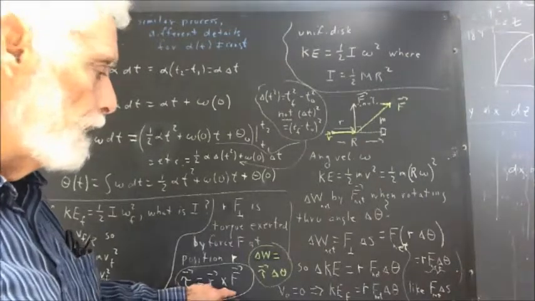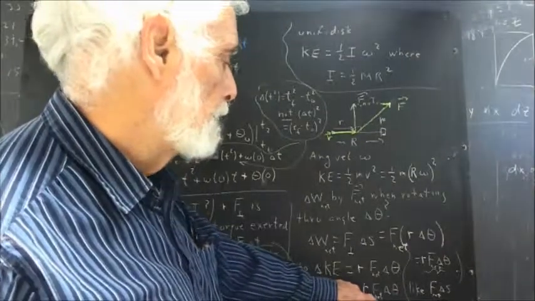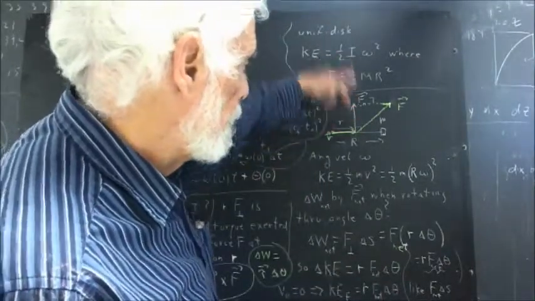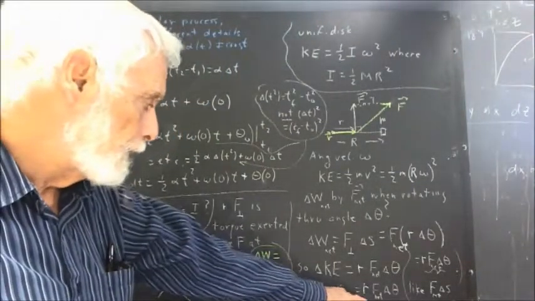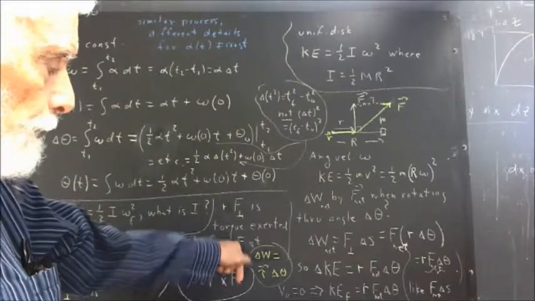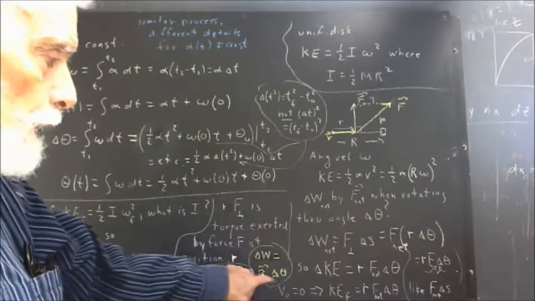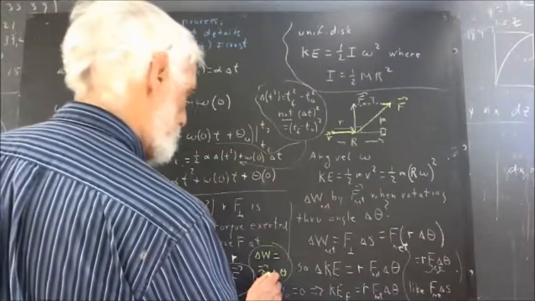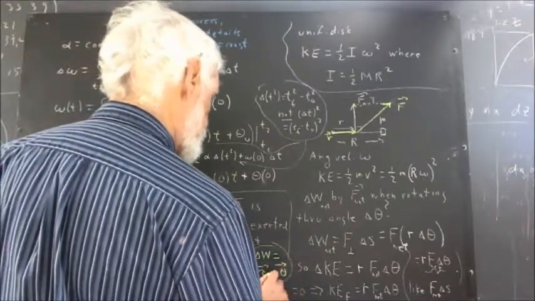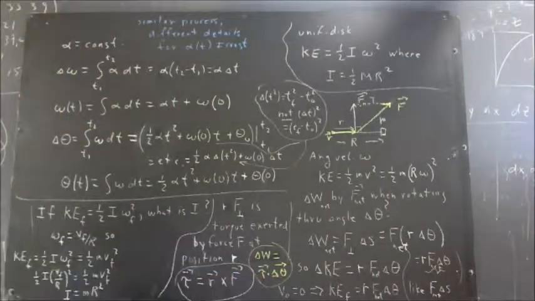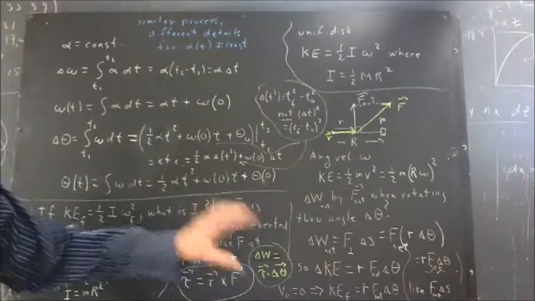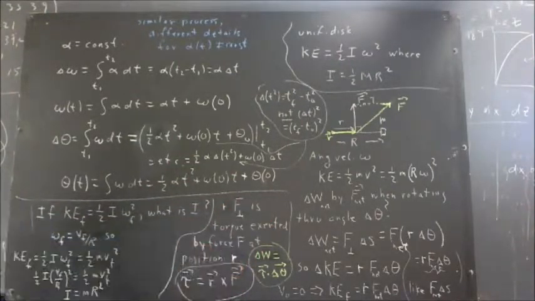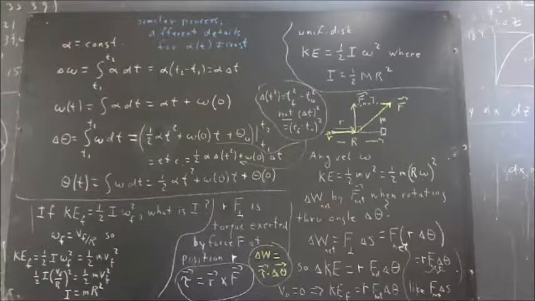Because R cross F equals just R times F, if R and F are perpendicular, then in this case at least, the work done is the torque times delta theta. Now delta theta should be a vector, as should tau, and it's really tau dot delta theta. The work is that. Now we'll come back to that. Just a brief introduction to this idea in terms of this situation.